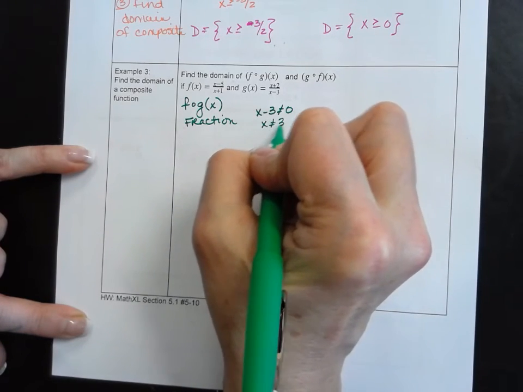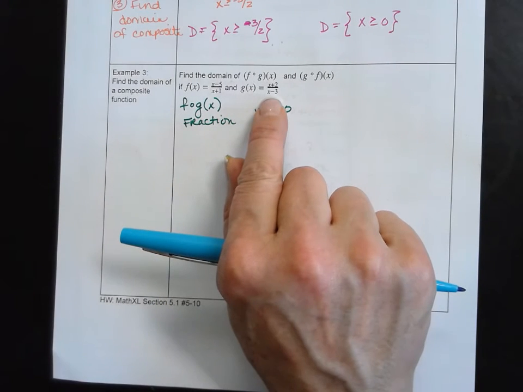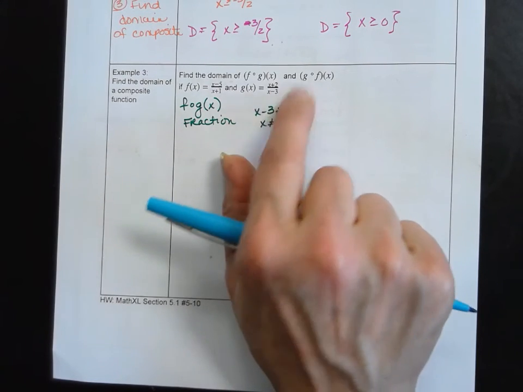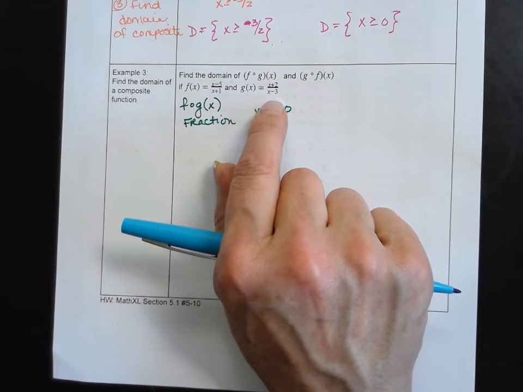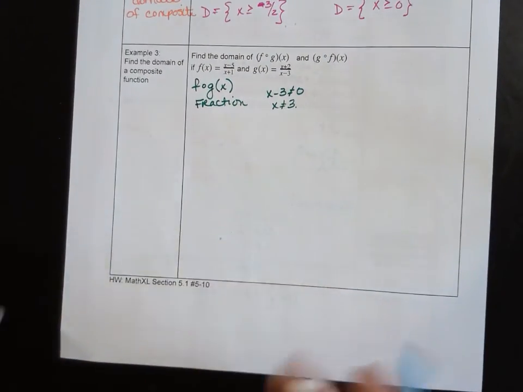So x cannot be 3, because I can't have the denominator equaling 0, since you can't divide by 0. So any other number, all reals, is going to be fine and give me an answer, except for 3, because then I have 0 in the denominator. Yes? Okay.